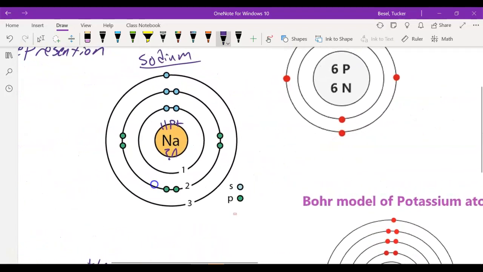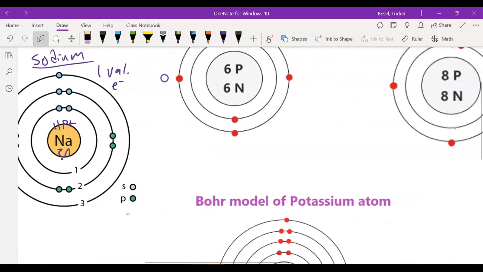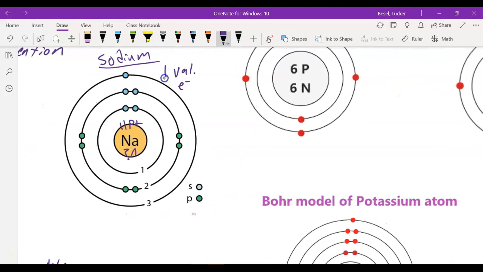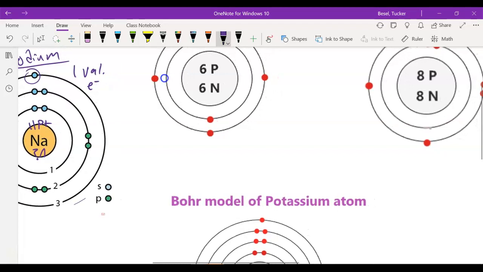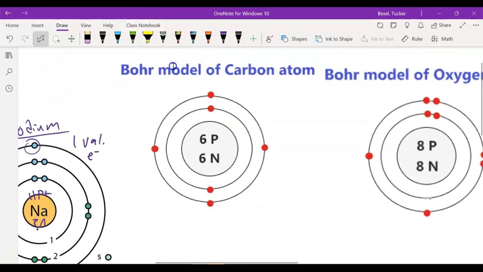In sodium, if you look here, their highest energy level is here. This one also has 1 valence electron, because these ones in the middle are not valence electrons. They're there, but the ones that we care about a lot in chemistry are just the valence electrons. For carbon, 4 valence electrons.